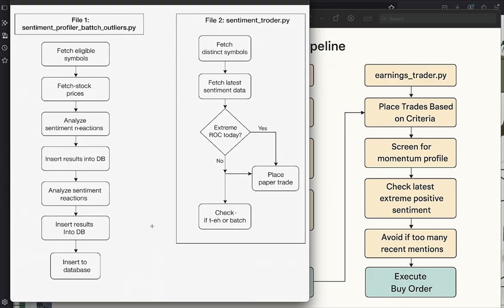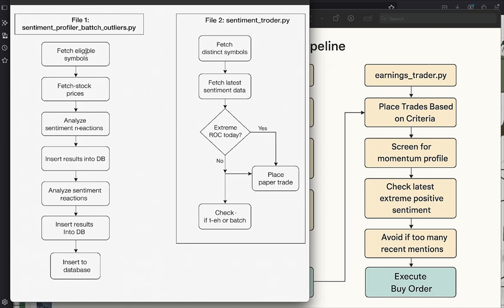Like a rate of change spike of 3 standard deviations, which is a large spike called an outlier, will trigger an analysis to see if the stock should be bought based on its profile. And that's what this file does, sentiment profile or batch outliers. It creates a profile based off of past price reactions to these sentiment spikes based off of rate of change, specifically in the positive category of sentiment.